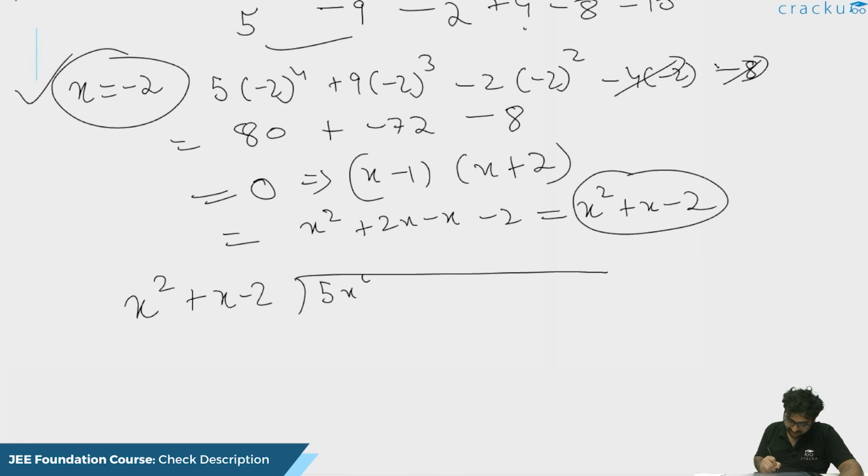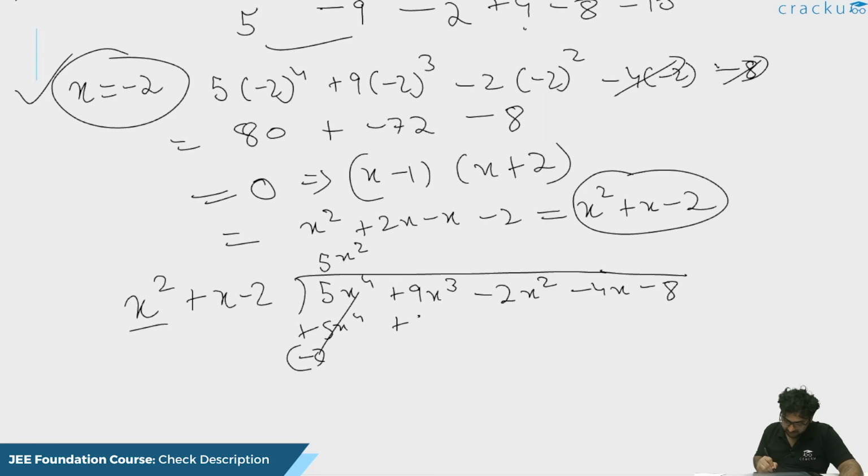So 5x power 4 plus 9x cube minus 2x square minus 4x minus 8. So first would be 5x square. So plus 5x power 4, minus, this would be plus 5x cube. So minus, so this would be 4x cube, minus 5 into 2, 10x square.